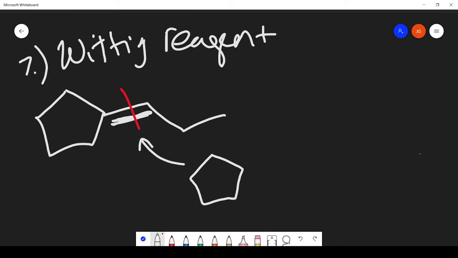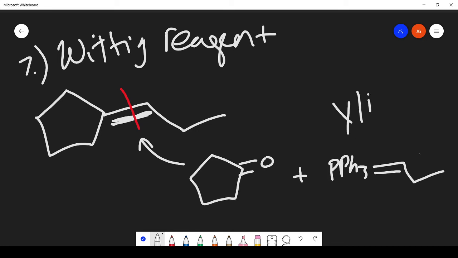Okay. So this is actually what it's going to look like. And this is our Wittig reagent. It's also called an ylide. Am I writing that correctly? It's a Wittig reagent. I forgot how it's spelled.